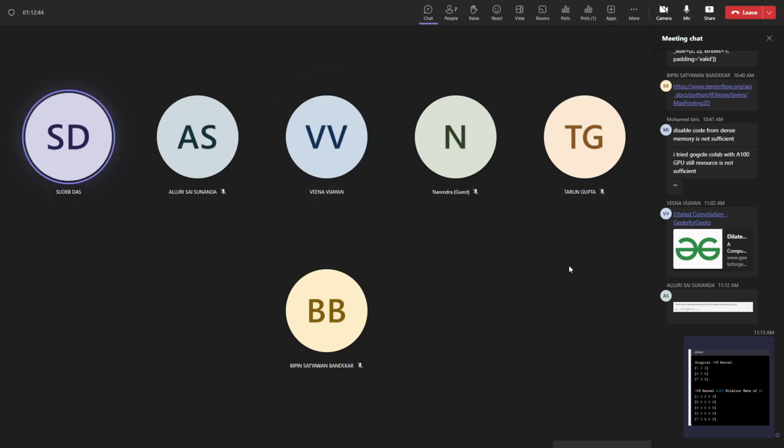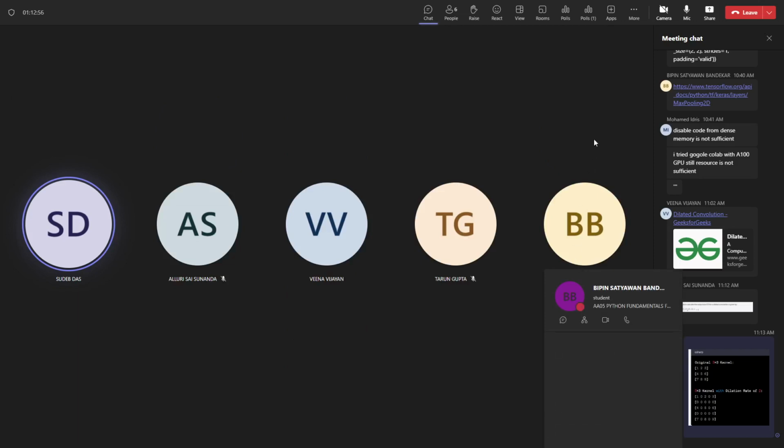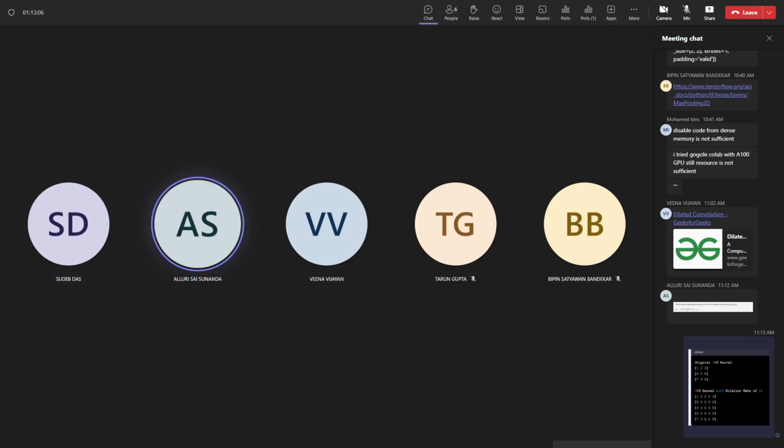I sent the screenshot to the chat. It means skipping. Minus 4, minus 3. Input equal to 7, 7 minus 3, 4 by 1 plus 1. Yeah, I think this is coming 5. Can you share the screen?